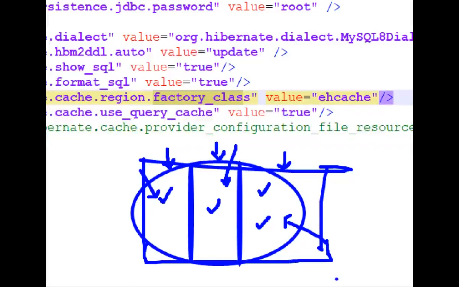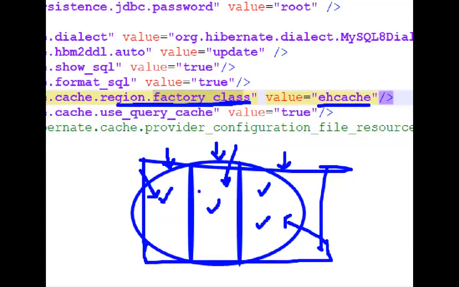To create the regions, we need a region factory class. Because who can divide it into regions? The factory class can divide it into regions. If you set the region factory class to the EH cache factory, then the cache will divide the cache into regions.